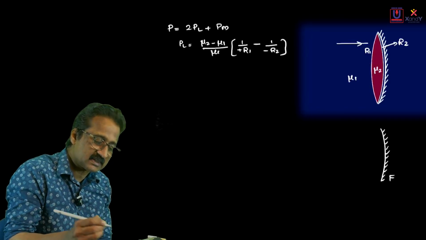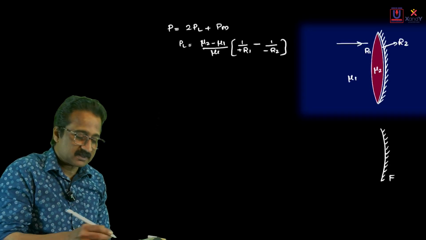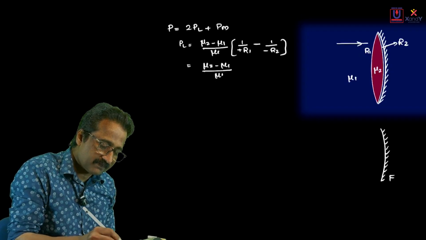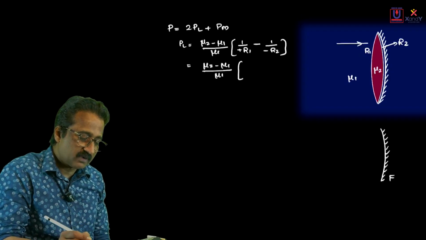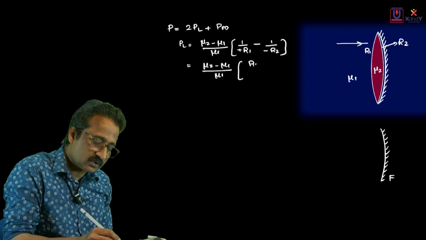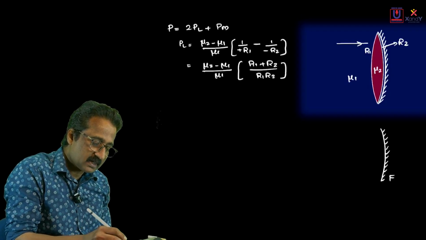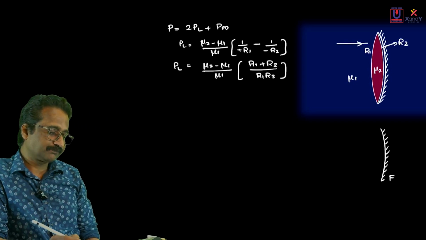So this is the power of the lens part. This is equal to mu2 minus mu1 divided by mu1 again, that into, okay, 1 by r1 plus 1 by r2 gives you r1 plus r2 divided by r1 r2. This is at least PL, I would say.